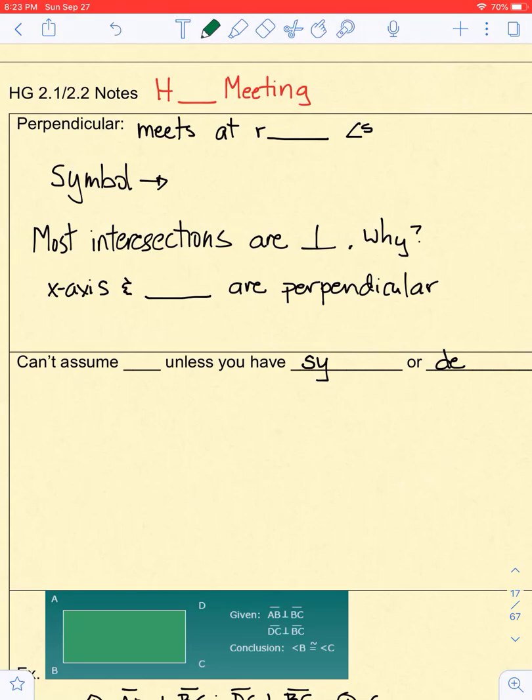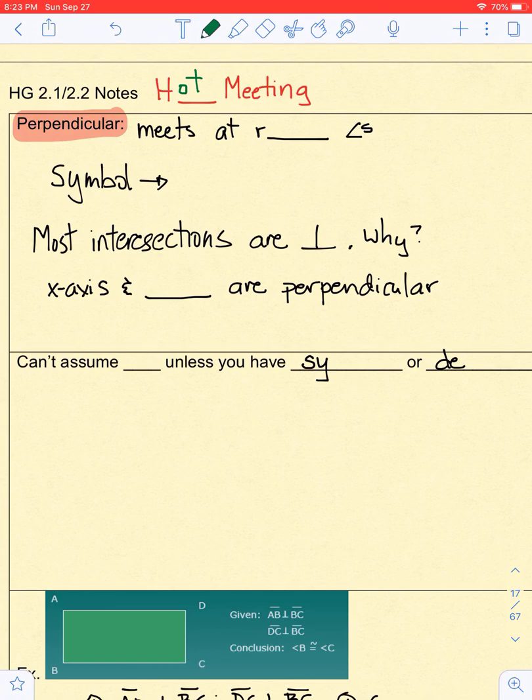Chapter 2, Section 1. We're starting off here with a hot meeting. The reason I'm labeling Section 2.1 hot meeting is that we're using a term called perpendicular, and you may know what that means.